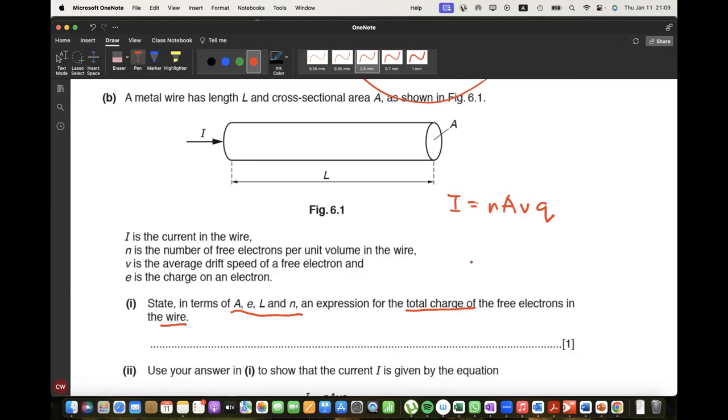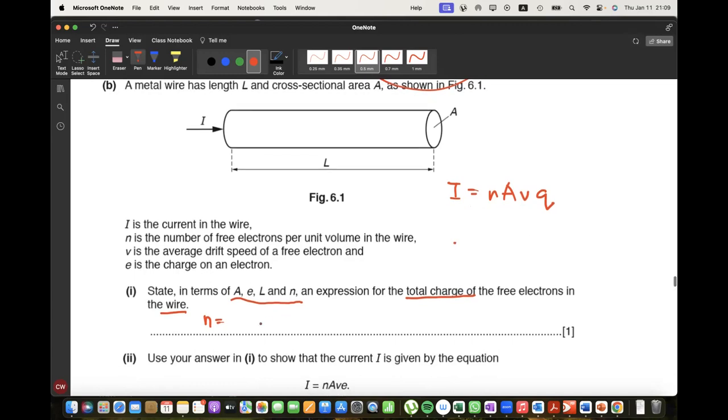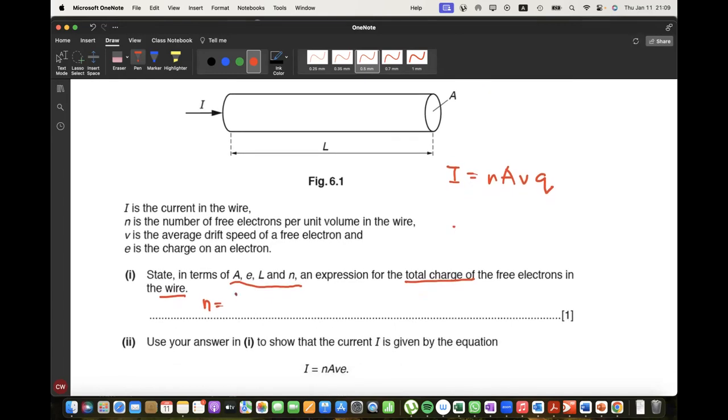What is the definition for N? N stands for what? Number of charge carriers per unit volume. How do you find the volume of this thing? AL, LA, AL.